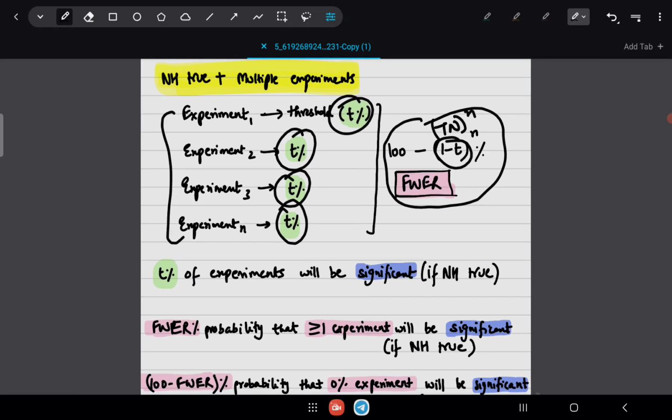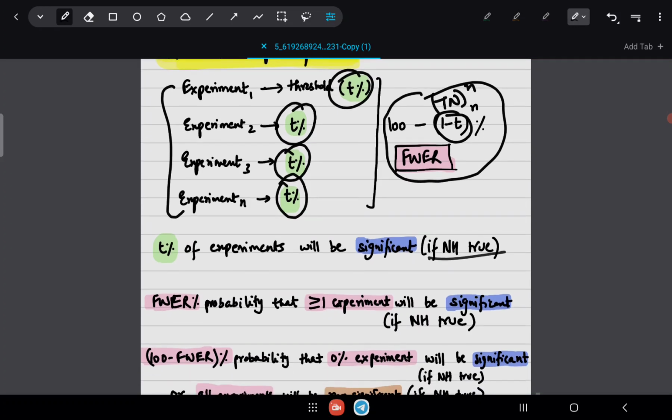So how to interpret the t%? The interpretation of t% is that t% of experiments can have a significant p-value even if NH is true for all the experiments. The interpretation of family wise error rate is that there is an FWER% probability that at least one or more than one comparison will give a significant p-value even if NH is true for all the experiments.